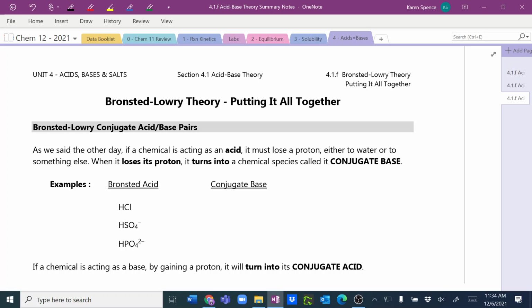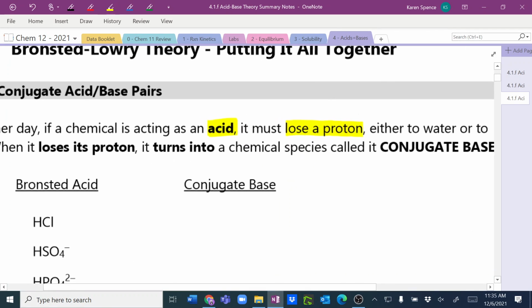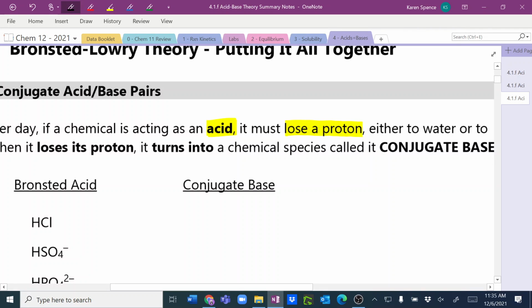So what does an acid do? A Bronsted Lowry acid, by definition, donates a hydrogen ion. It donates a proton. An acid loses a proton, and don't forget that a proton, of course, is H plus.